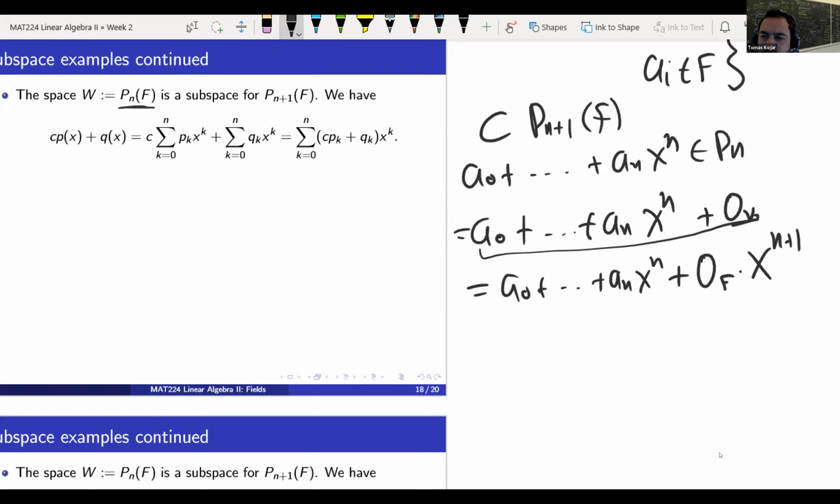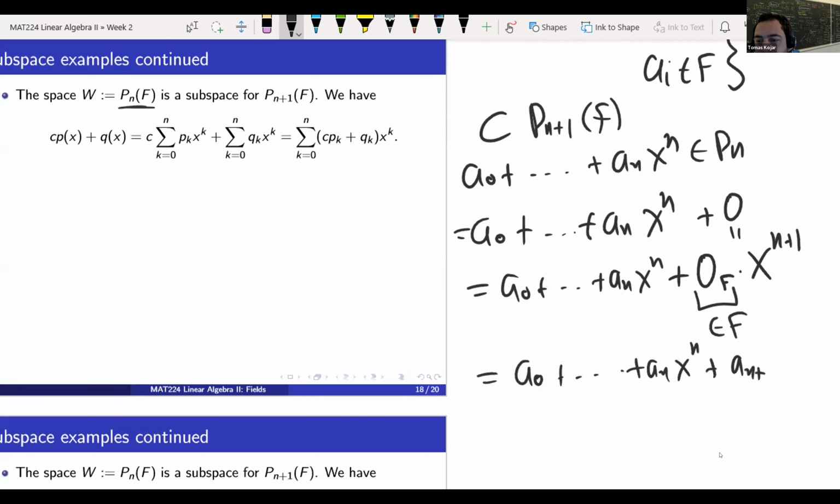So we add the 0 element here. And then what else? Then we know that this guy is equal to this by what we proved in class. But then this guy over here is in the field. It's a coefficient. So this is of the form a0 through an x^n plus an+1 x^(n+1), which is in Pn+1(F). Is that okay?